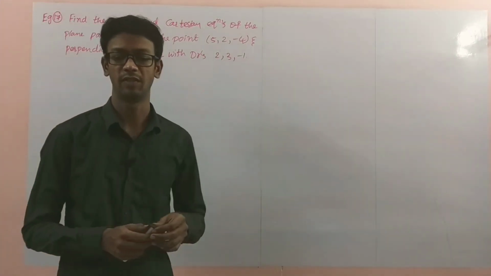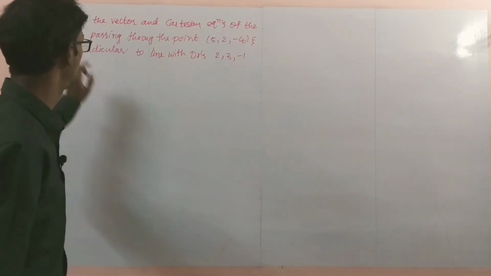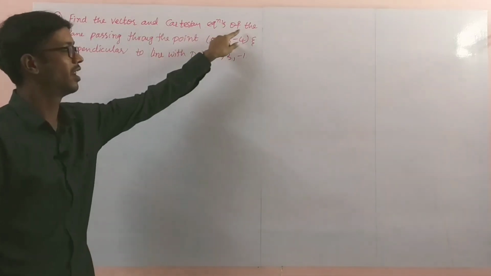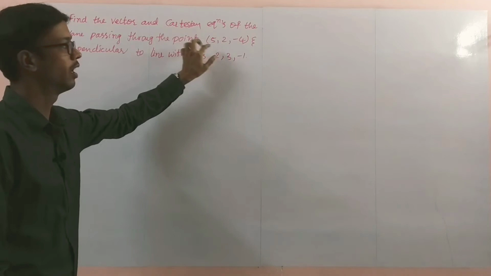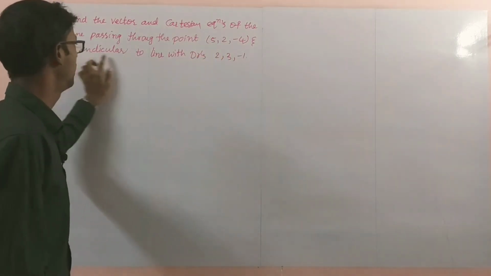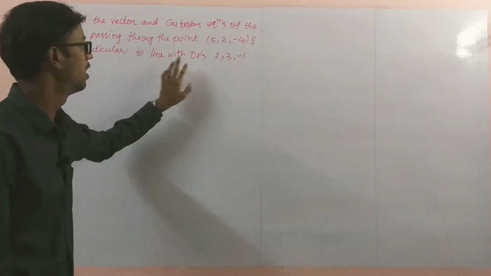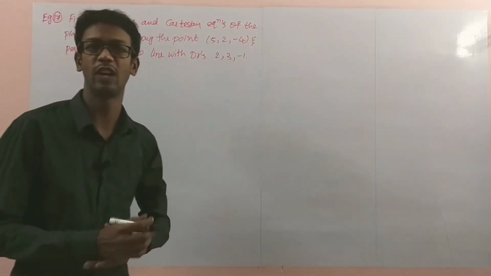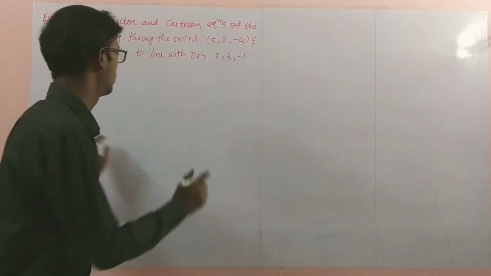Based upon the previous theorem, we will see one example problem. Example problem number 17. Find the vector and Cartesian equation of the plane passing through the given point and perpendicular to the line with the given direction ratios. Direction ratios they gave means we can find the vector. Perpendicular means we can find the normal vector here.